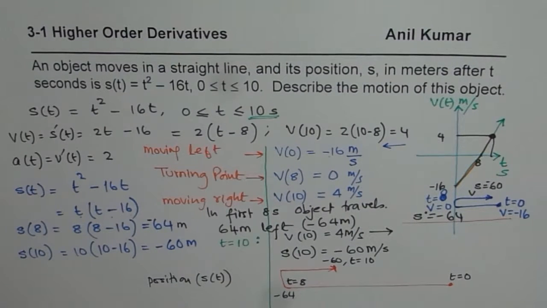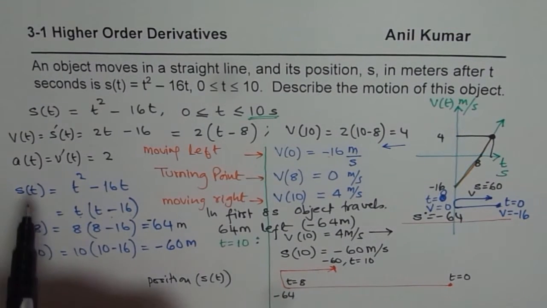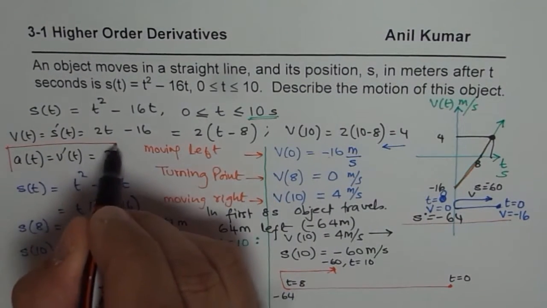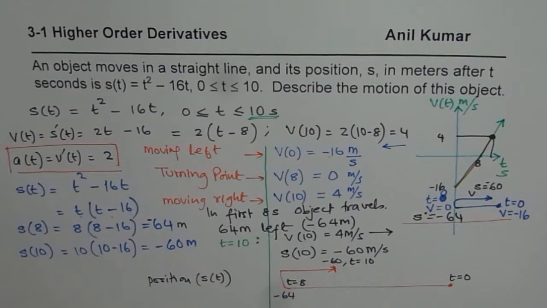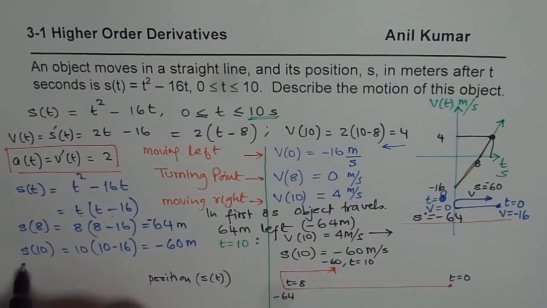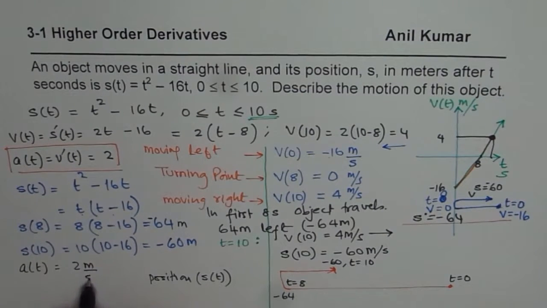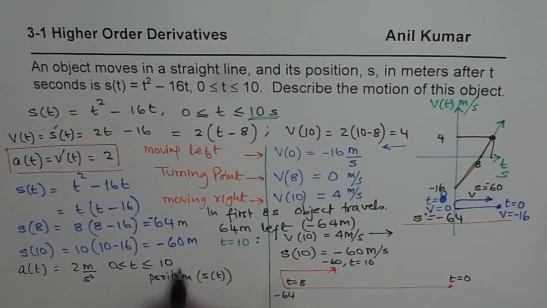the 10 seconds, right? During all this, what we also find is that the acceleration is constant, and all throughout the acceleration is 2 meters per second squared. So we can write acceleration A equals 2 meters per second squared when time is between 0 and 10 seconds.